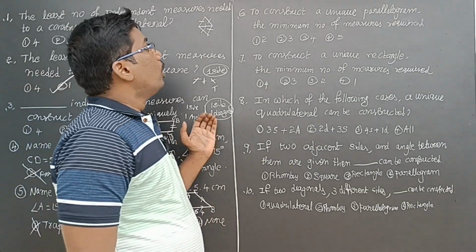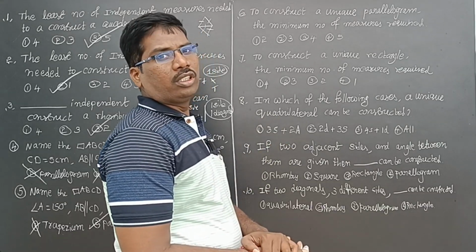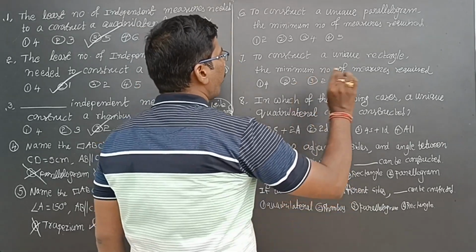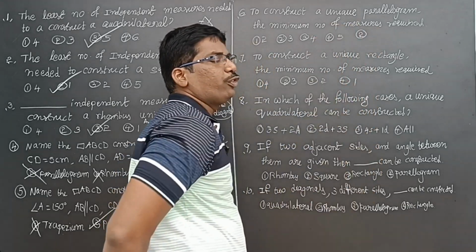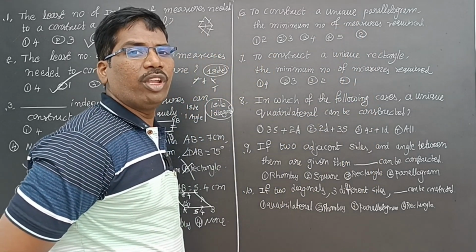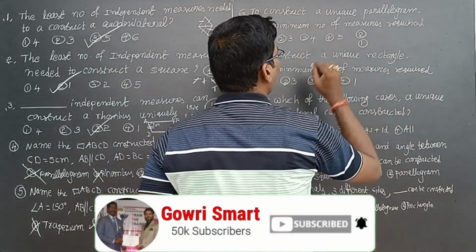Next. To construct a unique parallelogram, what is the minimum number of measurements required? If you know two adjacent sides, then you know all four sides, because opposite sides are equal. And you must know one angle or one diagonal.